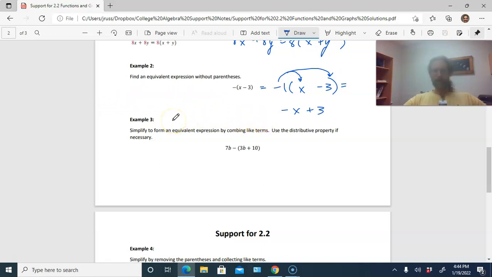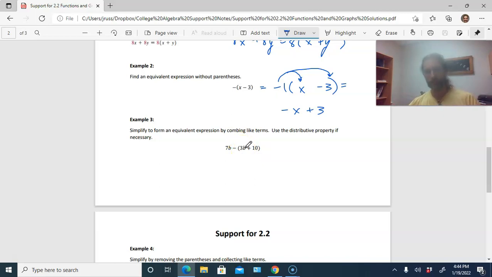Okay, example 3. Very similar. It says simplify to form an equivalent expression by combining like terms, and it says use the distributive property if necessary. Now I'm looking at this thing and I notice I sort of have 3 terms here. The issue is I cannot combine the 7b with the 3b, at least not yet, because this 3b is still in the parentheses.